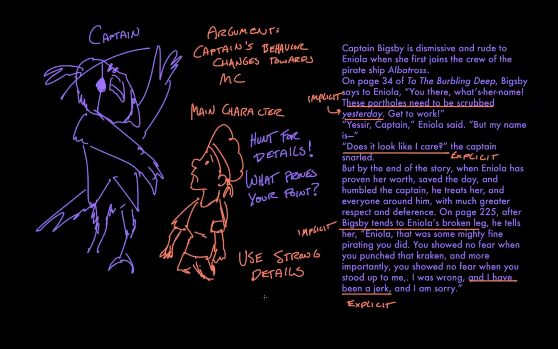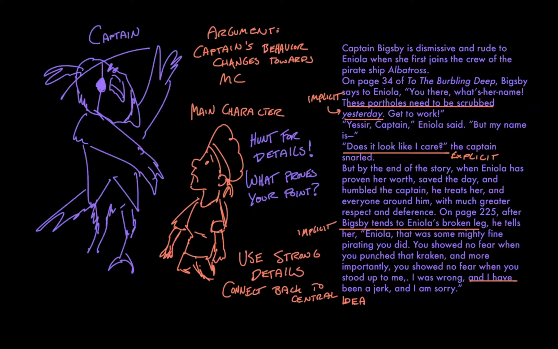Is it repeated? Does that detail or detail similar to it appear elsewhere in the text? And if you see a lot of similar details, how do those details prove the argument that you're trying to make? If you have a sense of what the central idea or ideas of the text is, try to connect those details back to that central idea, and then connect that central idea to your own argument.